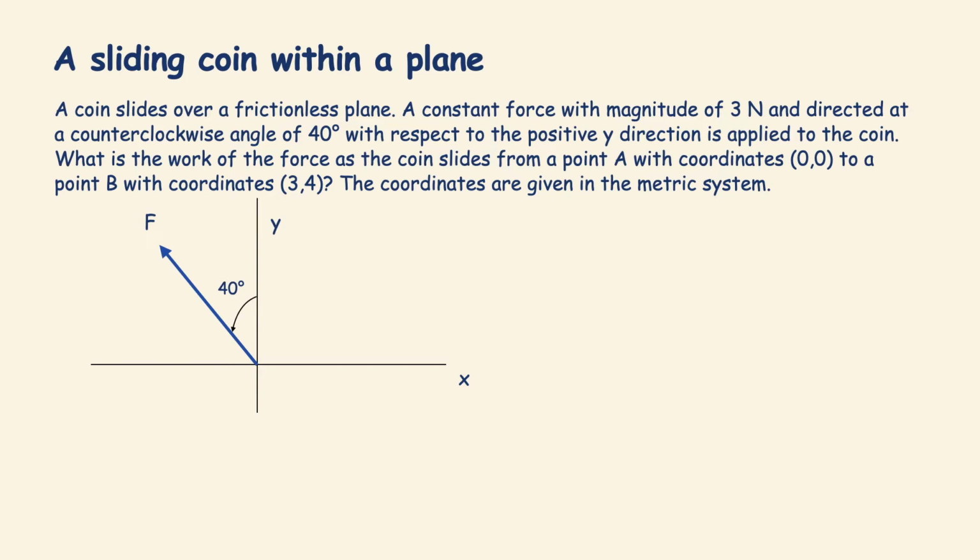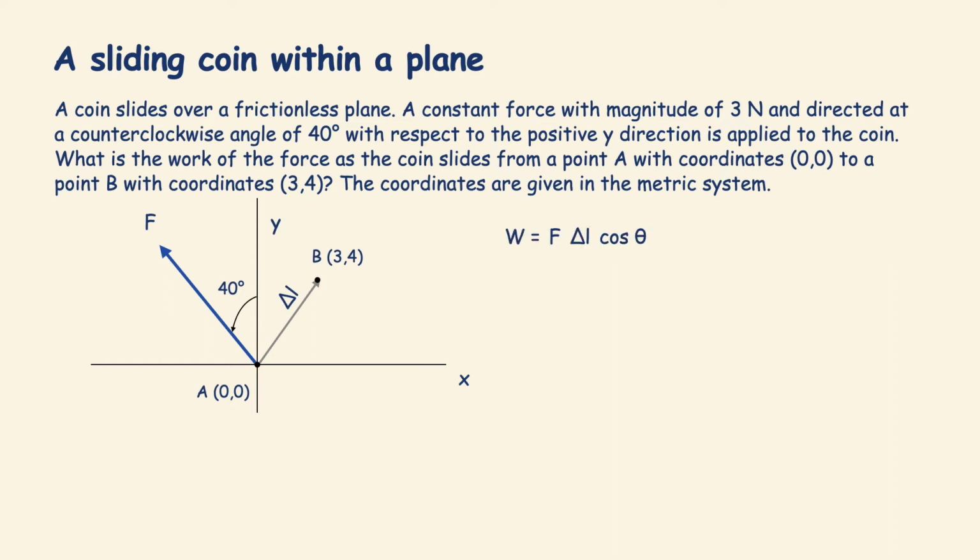Many problems give the angles from the positive x. In this particular problem, we have the angle measured from the positive y direction. Then we have the coin starting at the origin at point A, with coordinates 0, 0, and going to a point B with coordinates 3, 4. This will be our displacement, delta L.